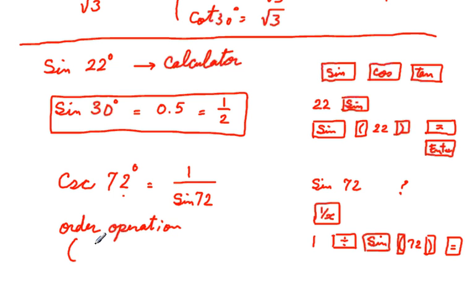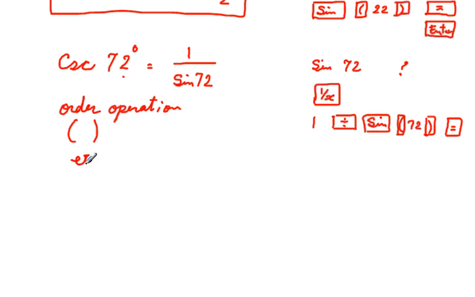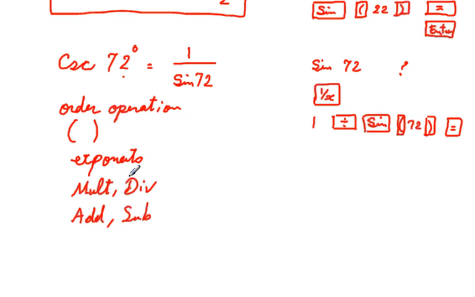Well, parentheses is on the top. What is next? Exponents. Next, multiplication and division. Next, addition and subtraction. And then within these things, we still need tiebreakers. Several parentheses, you work from innermost to outermost. Exponents, you work from top to bottom.